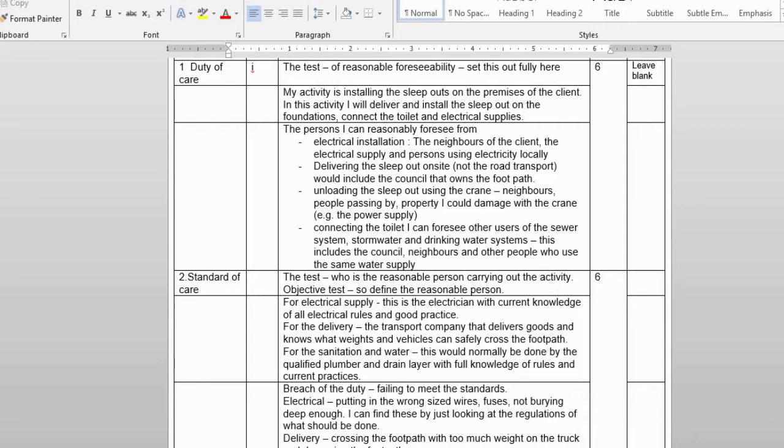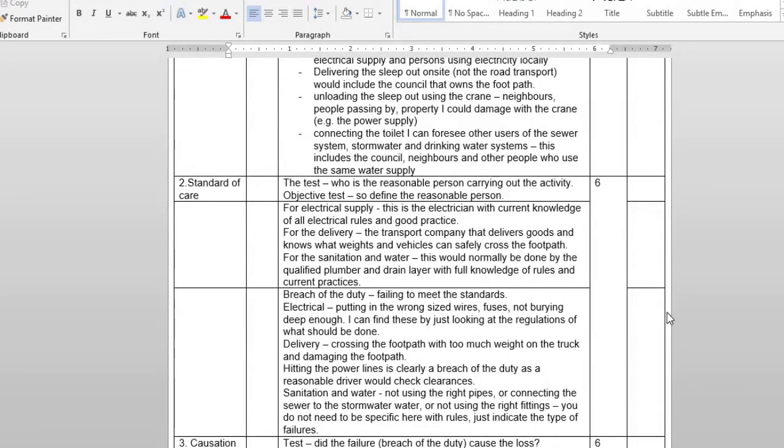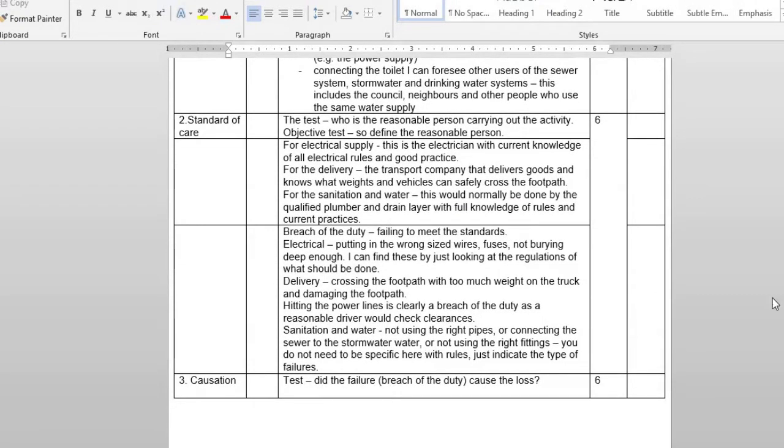Have I breached these duties of care in the examples from those pictures? Well, certainly I have. The question is, have I failed to meet the standards? Well, putting the wrong size wire, for example, electrically, not burying deep enough, not following the regulations, any of these things will be a breach of the duty of care, because that's what a good electrician would do properly.